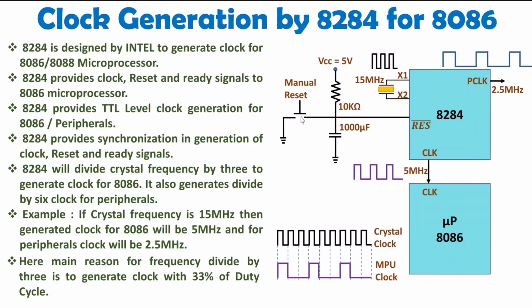Whenever you press this switch, ground will be connected over here, so logic 0 will get transferred here. And once logic 0 is transferred here, you can say a reset signal is given to the 8284 IC. And when you press this switch, this capacitor will get discharged, and the capacitor discharging time period is very fast as ground is connected over here.